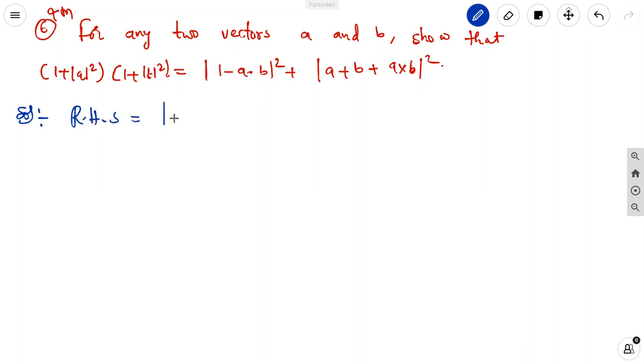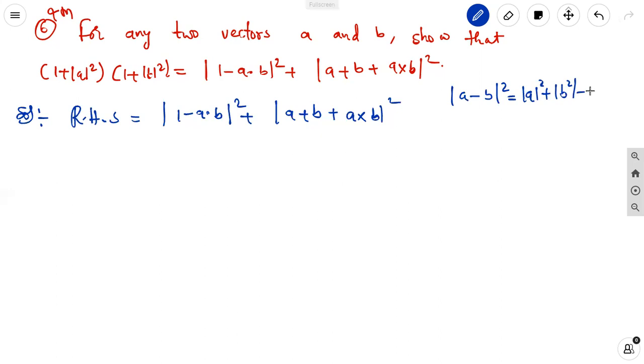RHS is equal to modulus of (1 minus a dot b) square plus modulus of (a plus b plus a cross b) square. Here, modulus of (a minus b) square is equal to modulus a square plus modulus b square minus 2 into modulus a modulus b. From this, in the same case, (a plus b plus c) whole square is also a square plus b square, what we did in the previous case, same like that only.